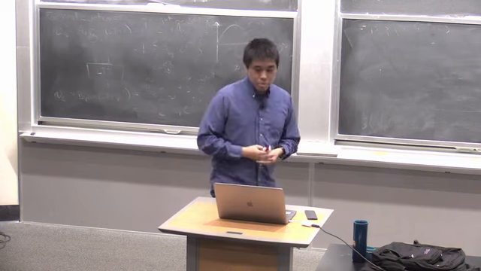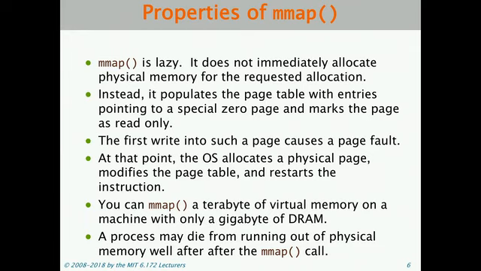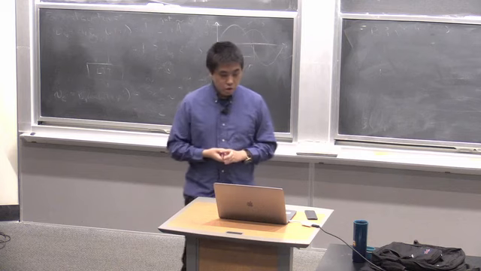So let's look at some properties of mmap. So mmap is lazy. When you request a certain amount of memory, it doesn't immediately allocate physical memory for the requested allocation. Instead, it just populates the page table with entries pointing to a special 0 page, and then it marks these pages as read-only.